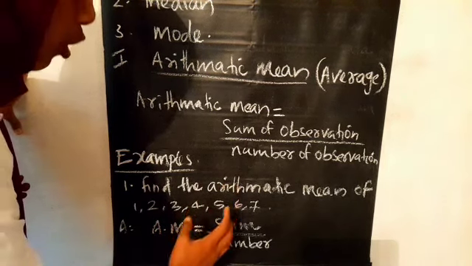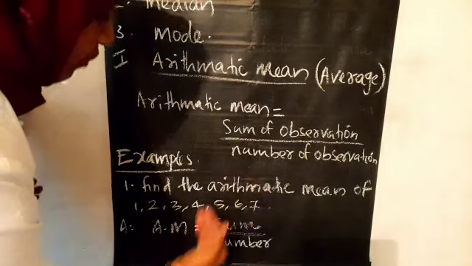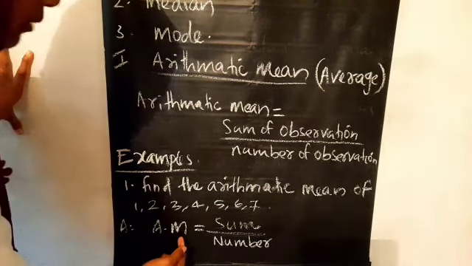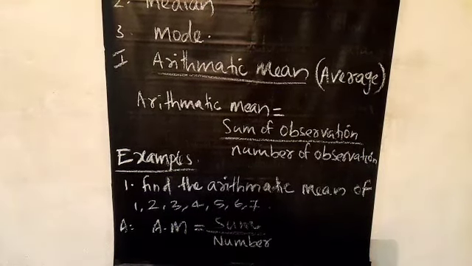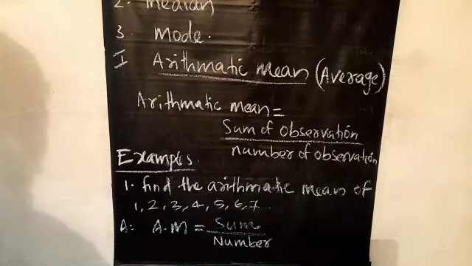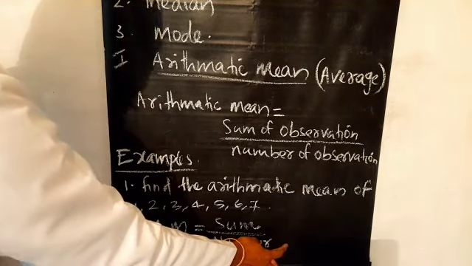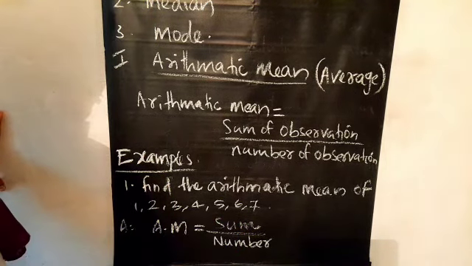To find the arithmetic mean of these numbers, first you should write the equation. Arithmetic mean, short form AM, equals sum by number, the sum of observations by number of observations.